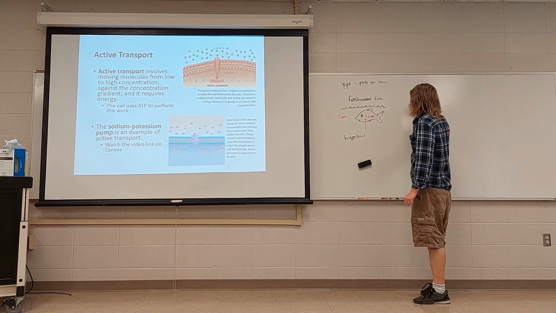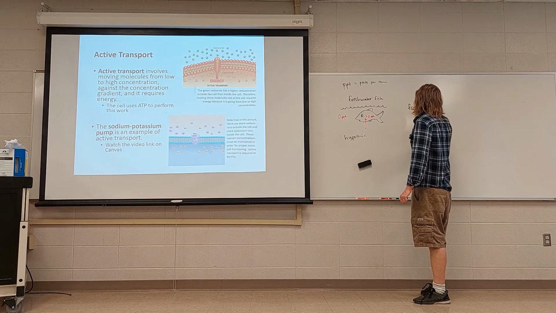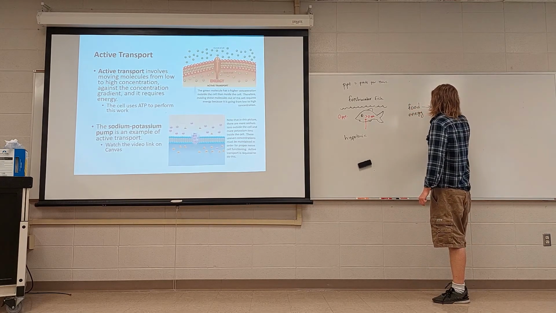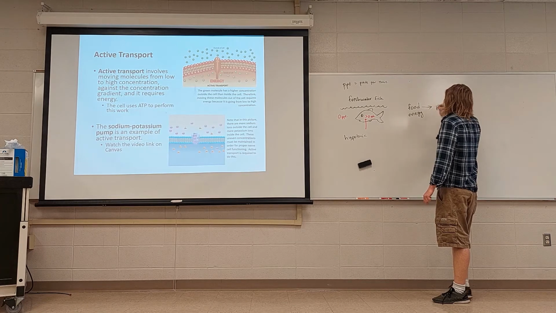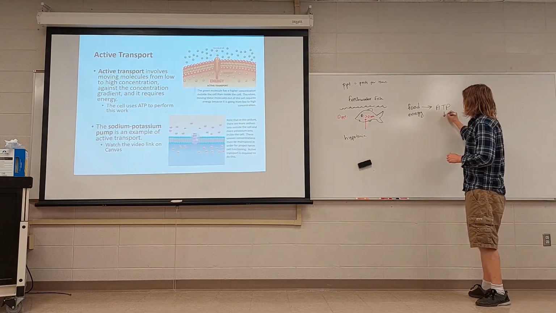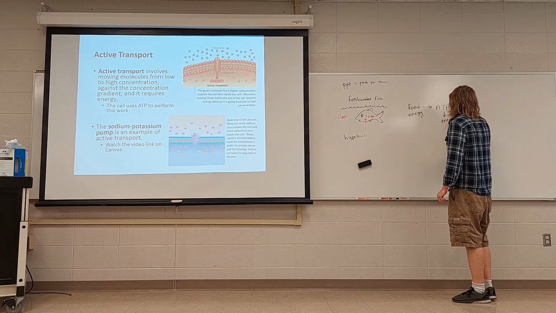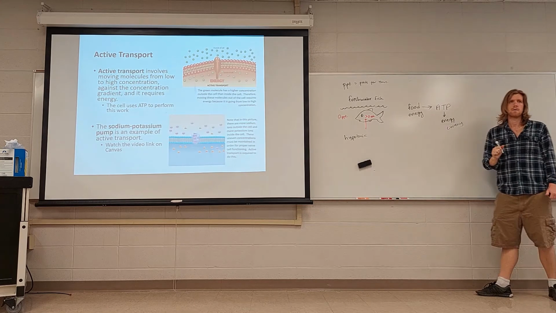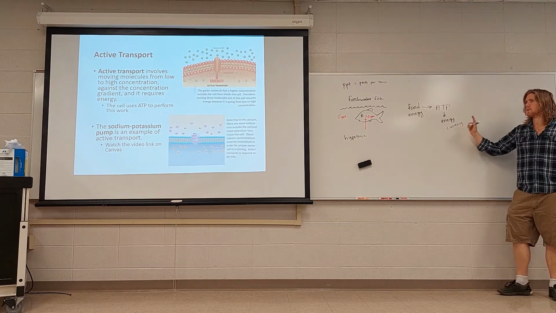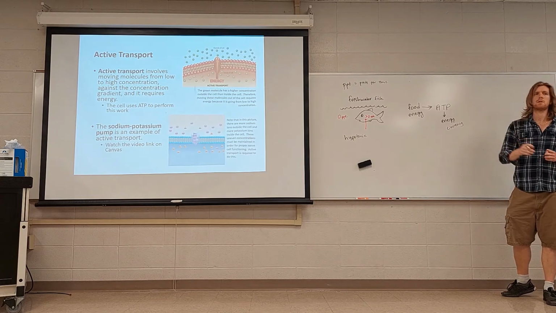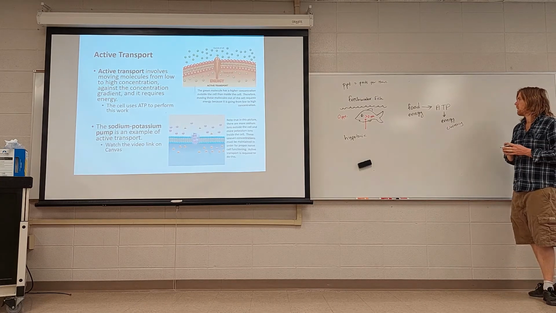The mitochondria's job is to convert food energy into usable energy in the form of adenosine triphosphate, or ATP. ATP is the energy currency of your cells. This is what they can actually use to do stuff. And by do stuff, that includes active transport.